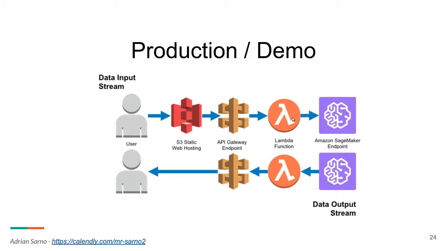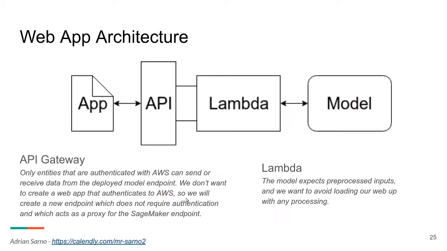That is going to call a lambda function, which calls the endpoint, and the endpoint returns the results to the lambda function, which passes them through the API, and that's going back to your page, not to the user directly.